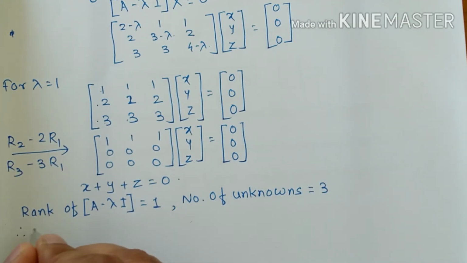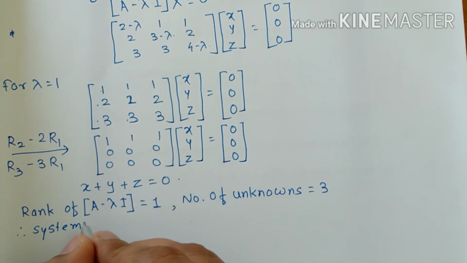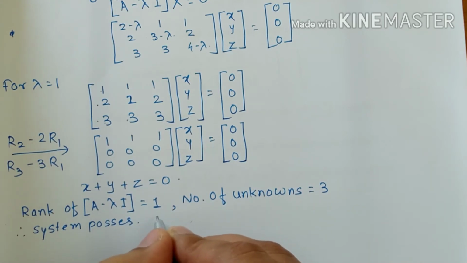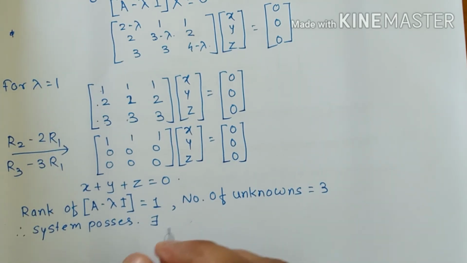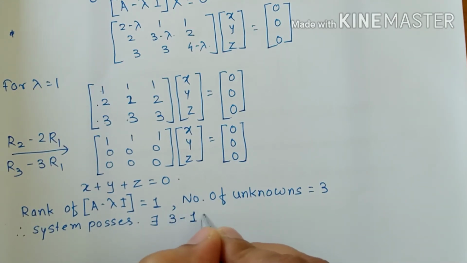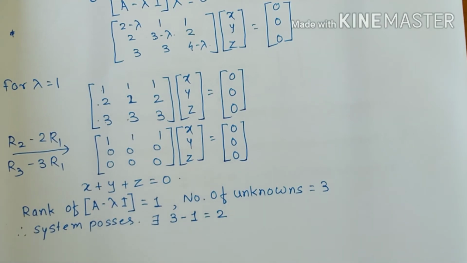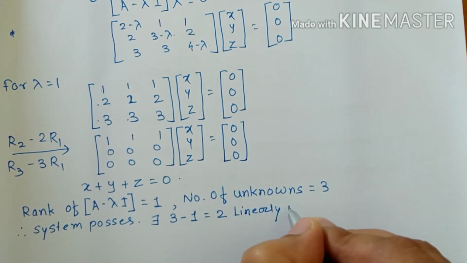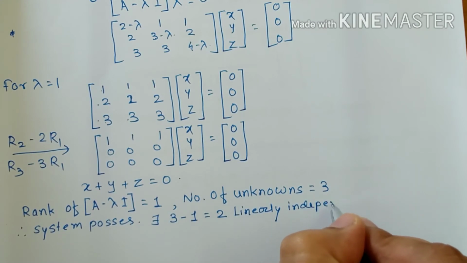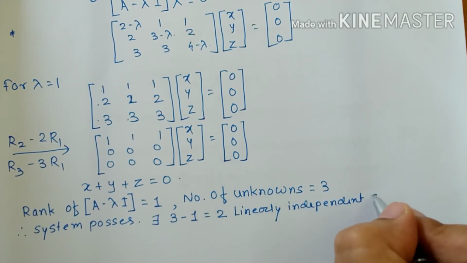Therefore the system possesses, or we can say there exist, this symbol stands for there exist, number of unknowns minus rank, which is equal to 2 linearly independent solutions.